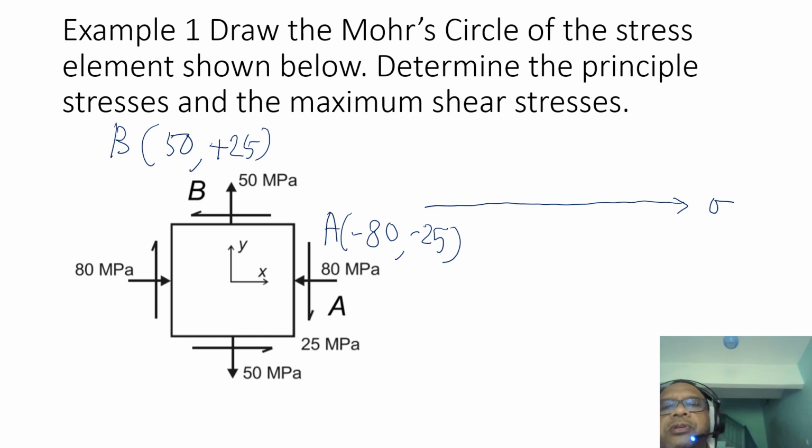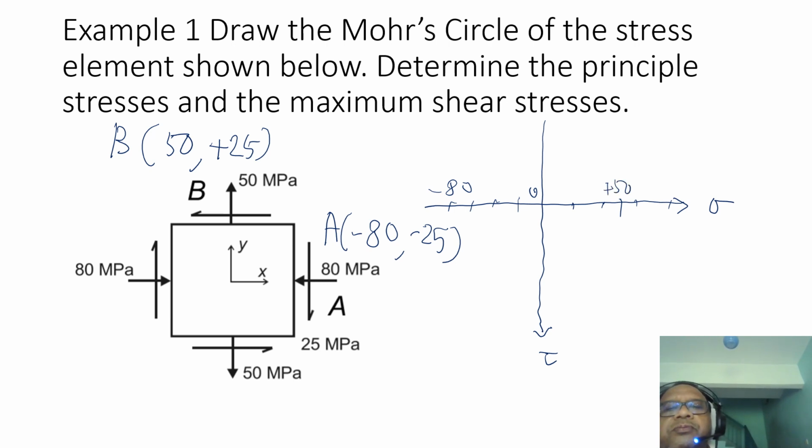So if we draw that here, tau. We've got minus 80, so 20, 40, 60, 80, this is minus 80, this is 0. And then we've got 20, 40, 60, 80, this is about 50. So this is positive 50.